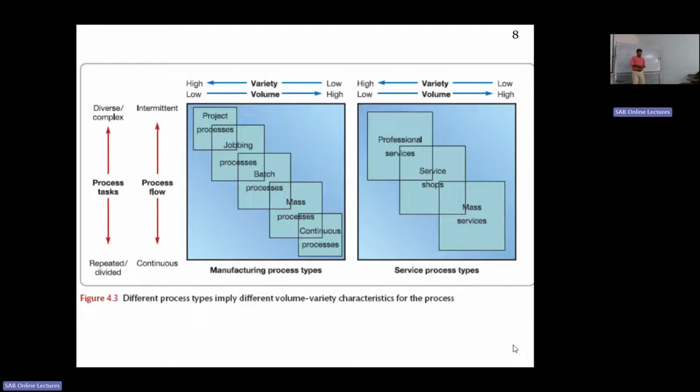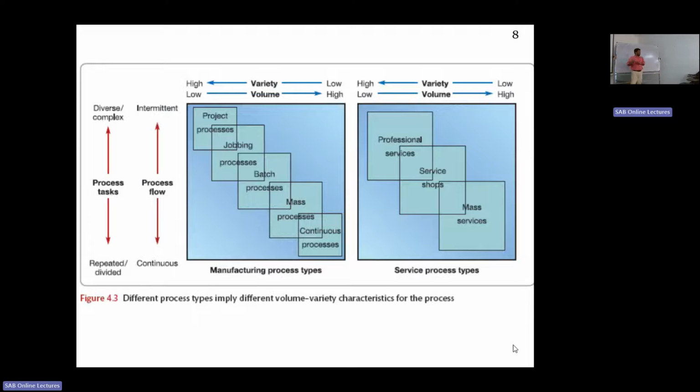Whatever it is, depending on the demand for the service and various other factors, operations managers from time to time should select the appropriate process type out of these three, and thereby manage market demand and supply. So now there are three.